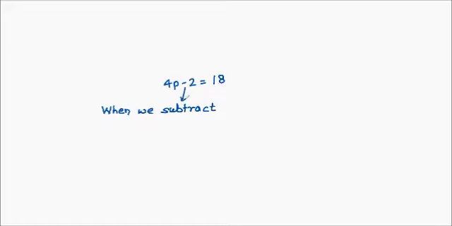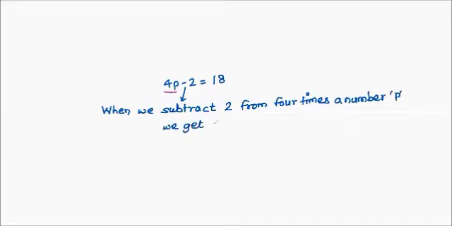So when we subtract 2 from — "from" is the part before the subtraction sign — so 4p. 4 times is multiplication. 4 times a number p, we get 18. So isn't it easy?